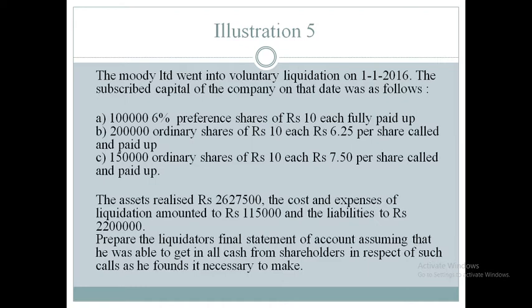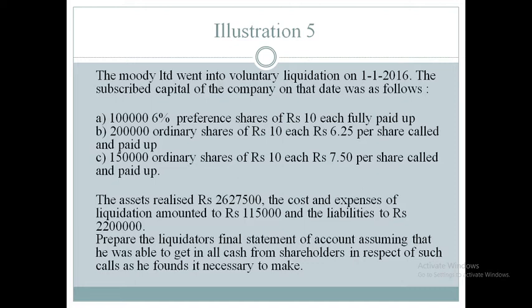So he has asked us to prepare the liquidator's final statement of account, assuming that he was able to get in all cash from shareholders in respect of such calls as he found it necessary to make here. So what assumption we need to make here? The liability of the shareholder is restricted to the face value of the shares, rupees 10 per share.